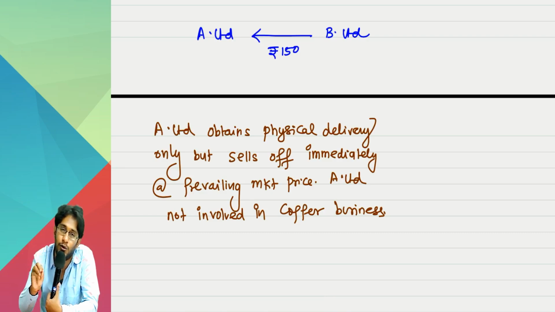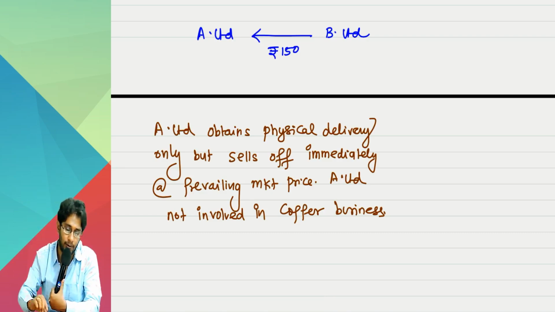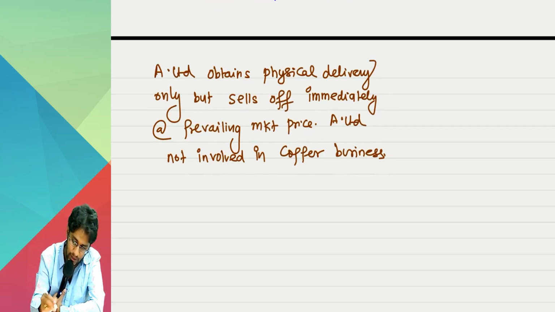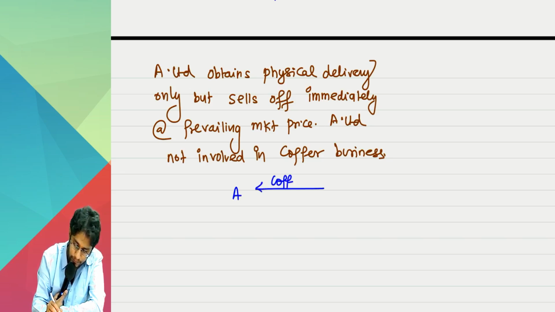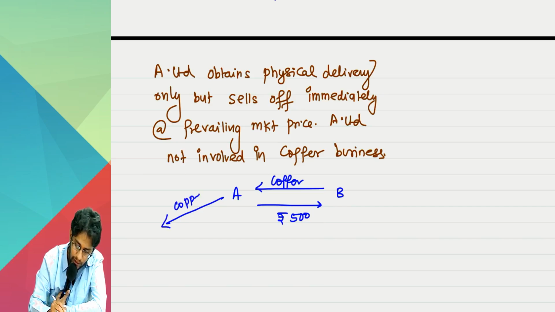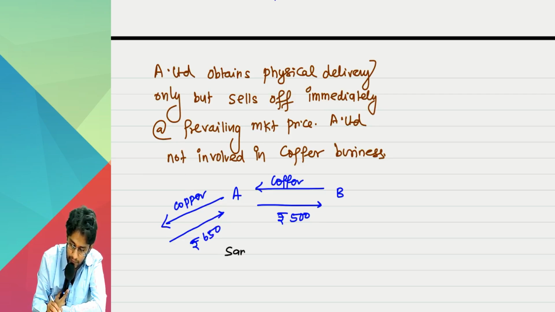It is as good as doing a net cash settlement. How? It is like this. A Limited will obtain copper, will pay 500 rupees to B Limited. Immediately, A Limited will sell the copper in the market and collect 650 rupees on the same day.